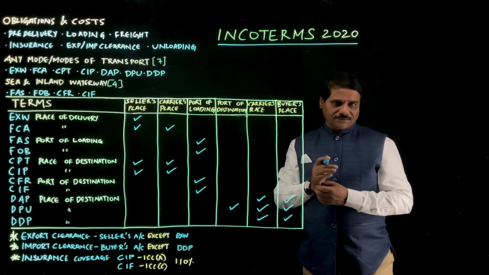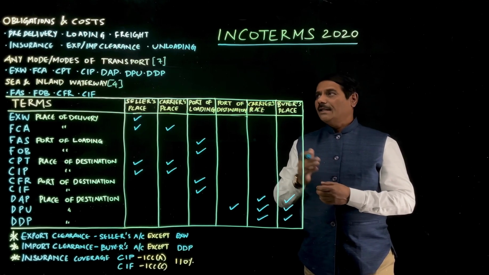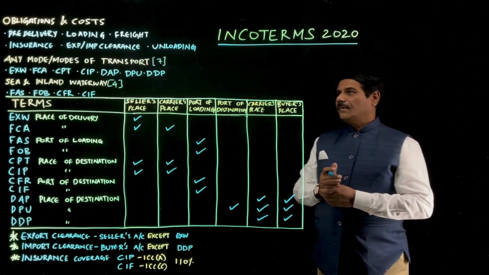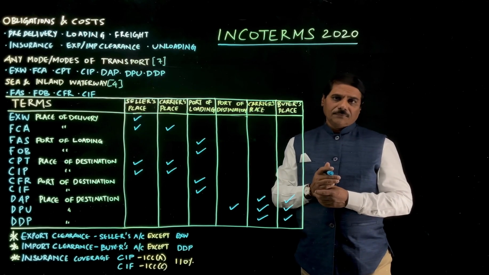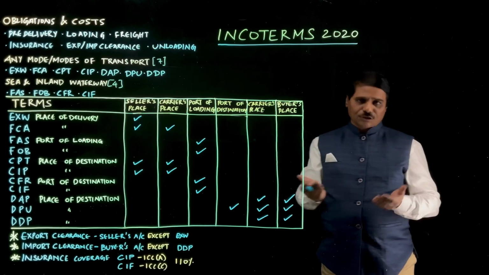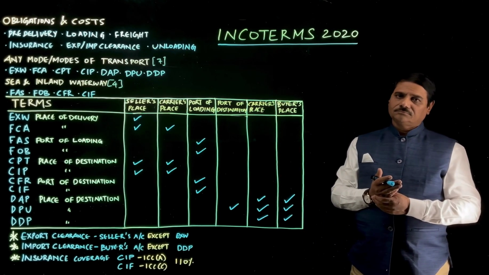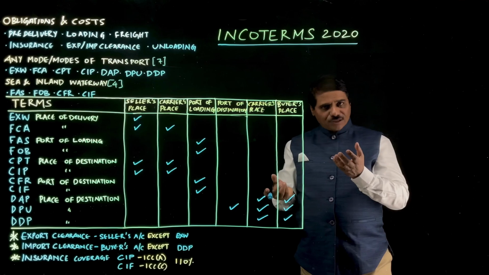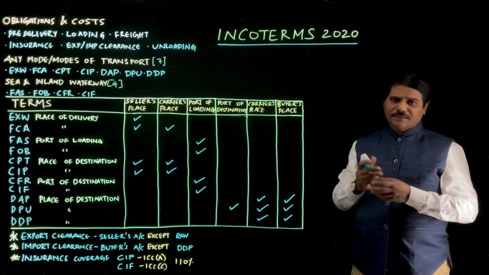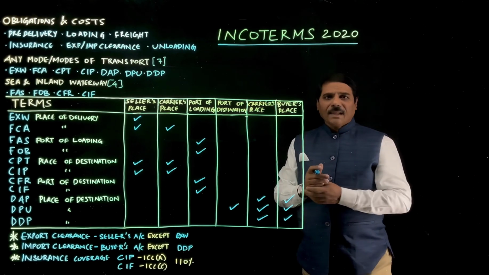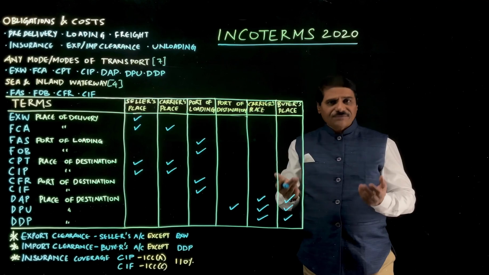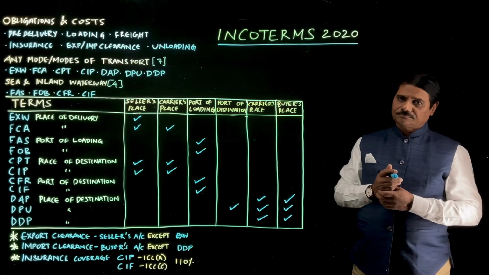So, pre-delivery charges. And then we have loading charges and the freight. Either the seller or the buyer must arrange the transportation. Somebody has to take the responsibility of the loading, either seller or the buyer. And either seller or the buyer must arrange for insurance if required.